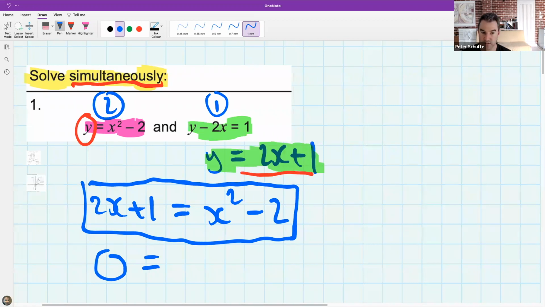Standard form should have a 0 on one side. So I guess the 2x and 1 have to move. So x squared minus 2, but then I'm going to have minus 2x and minus 1 because stuff moved across.